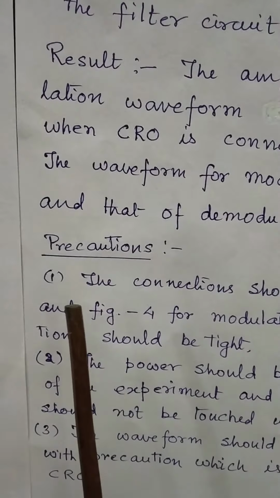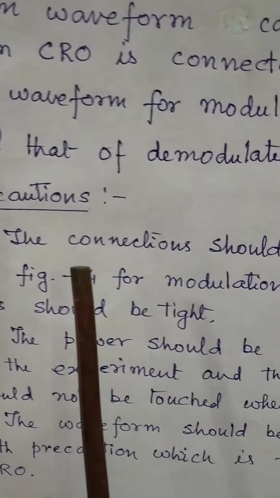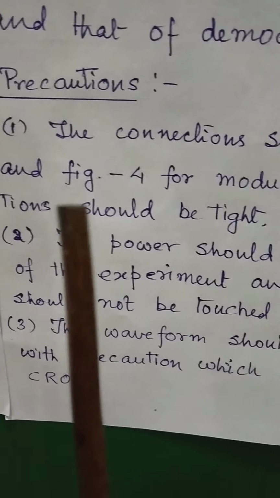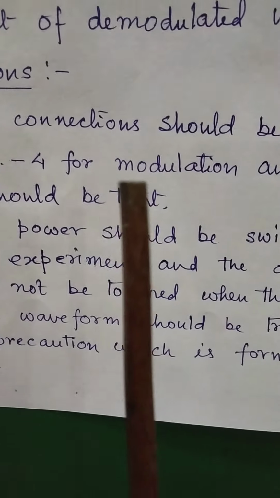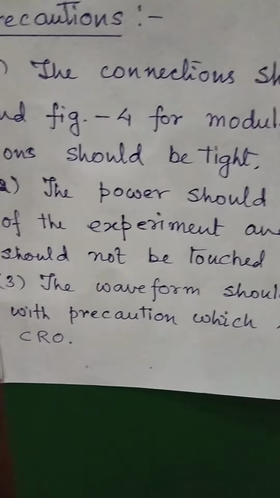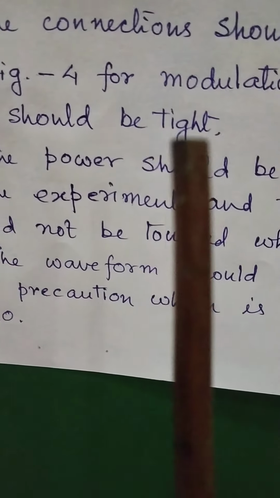Now what precautions do we have to take? The connections should be made as shown in figure 2 and figure 4 for modulation and demodulation respectively, and connections should be tight.